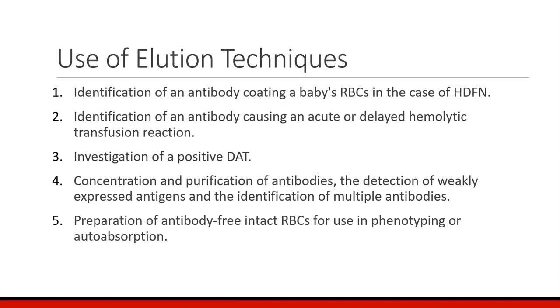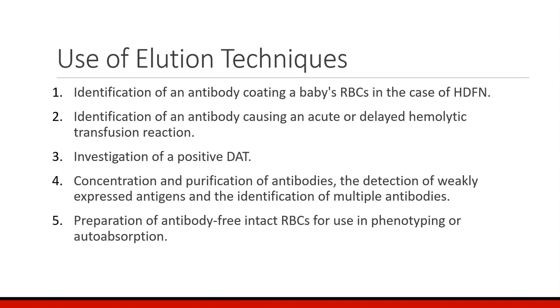Investigation of a positive direct antiglobulin test for whatever reason. Because we don't do auto controls routinely anymore, we must do them as part of an antibody workup. We rarely do elution procedures for the investigation of the DAT. But when we get into the autoimmune hemolytic anemias, we will talk about why and how those are done.